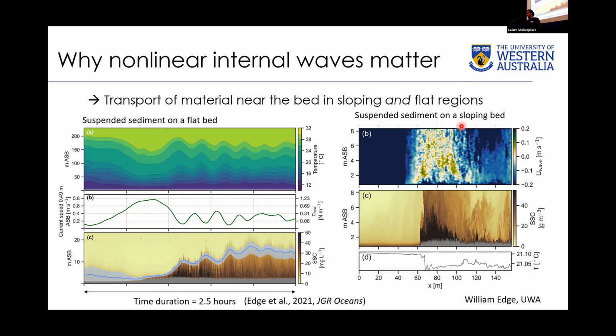This is another example from Will's PhD where it's now on a sloping bed. And so this is different dynamics. So this is a breaking wave moving up the shelf. So this core of sediment is actually moving with the wave core, whereas in this case, it's actually ejected by the wave moving over.